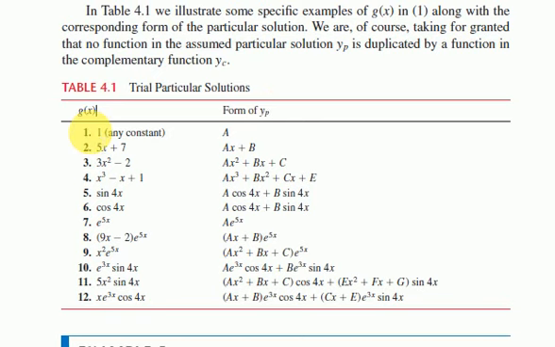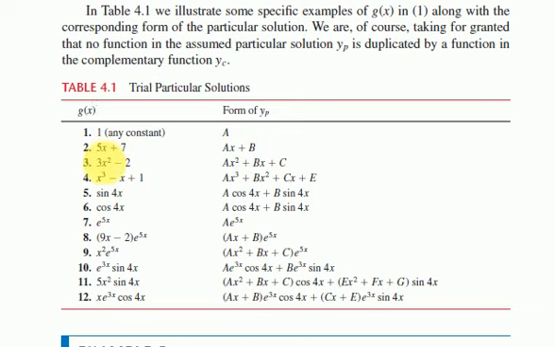This is the table. If we are given any constant, we will take a or any constant. If we have any linear expression like 5x plus 7 or x plus 2, we assume the particular solution as ax plus b.